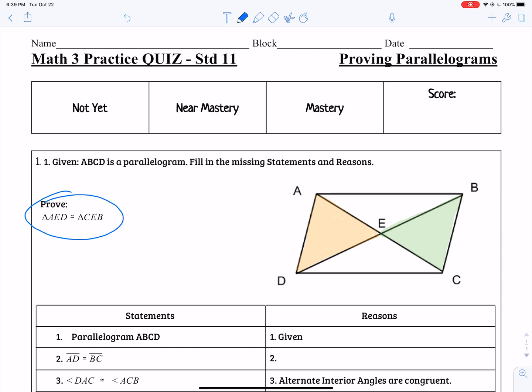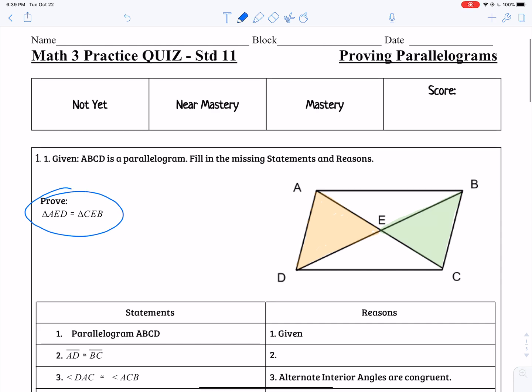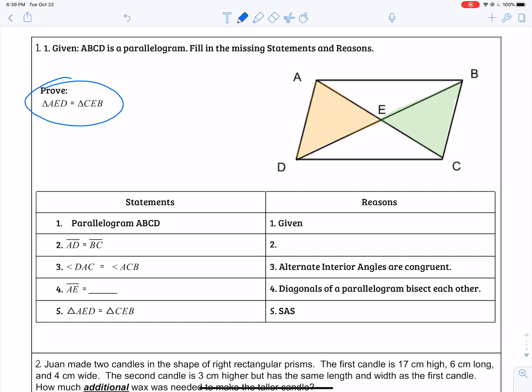Okay, so given that ABCD is a parallelogram is my first step. My second step of the proof is filled in. It says AD is congruent to BC. So I like to label AD is congruent to BC in my figure and think of why I would know that that is true. It's because we're given that it's a parallelogram.